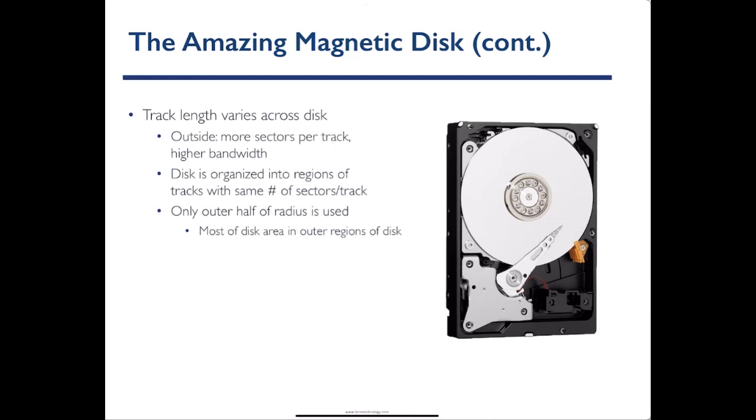Now, area-wise, if I look at the half of this, the area inside is usually a fraction of the area outside. So this outer half is much bigger than the inner half.